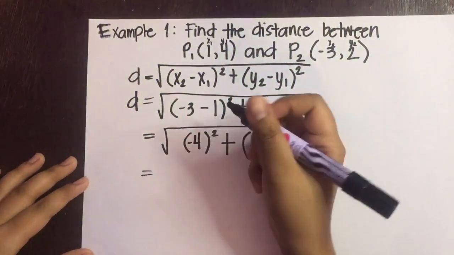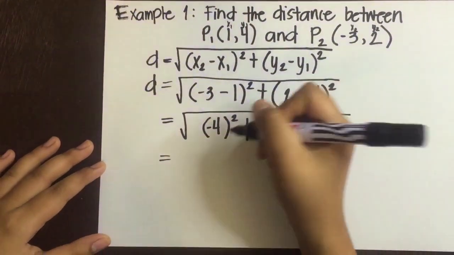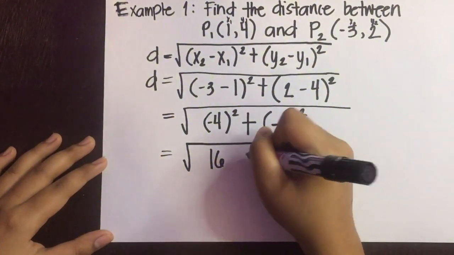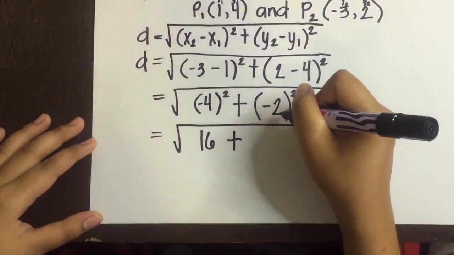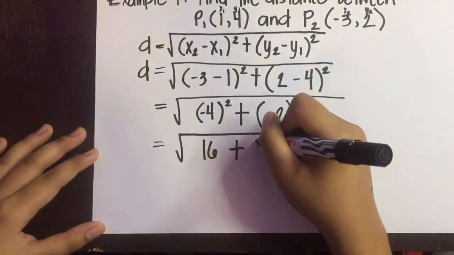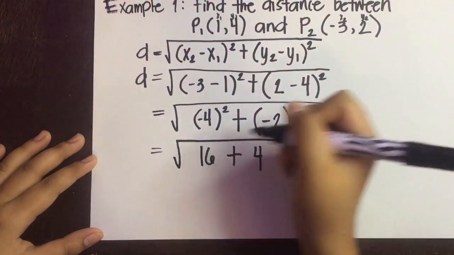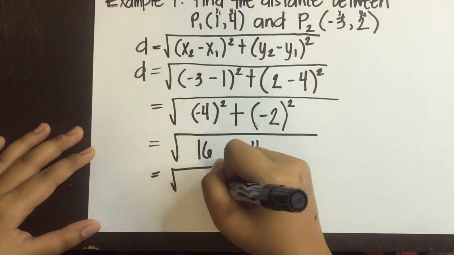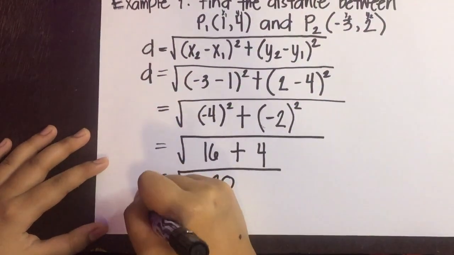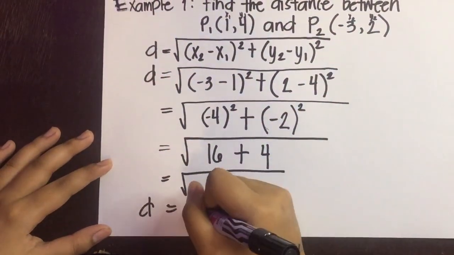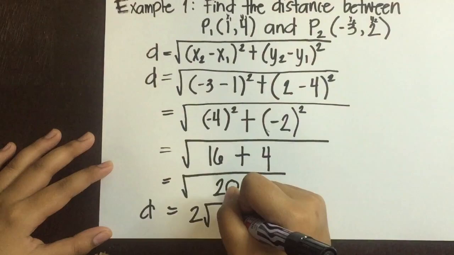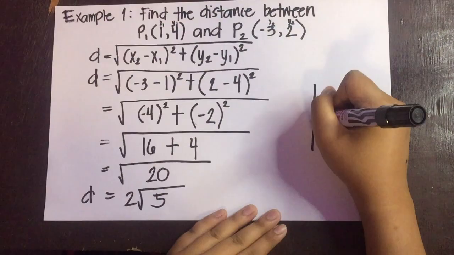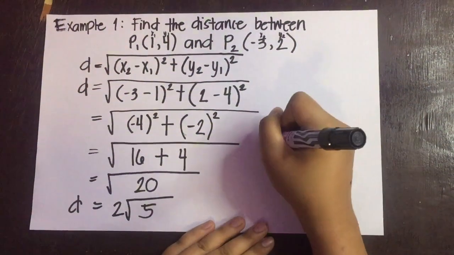So negative 4 squared is equal to 16 plus negative 2 squared is equal to 4. 16 plus 4 is equal to 20. So square root of 20 is equal to 2 square root of 5. So our distance is 2 square root of 5.